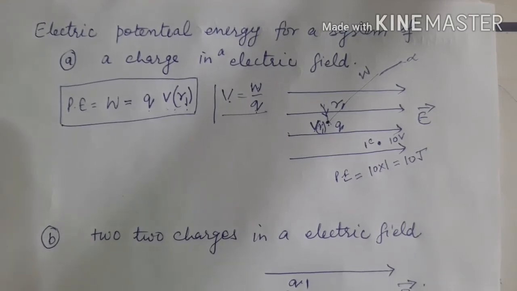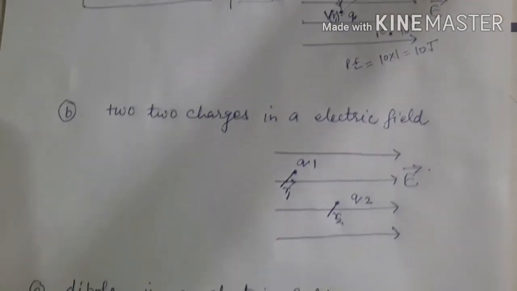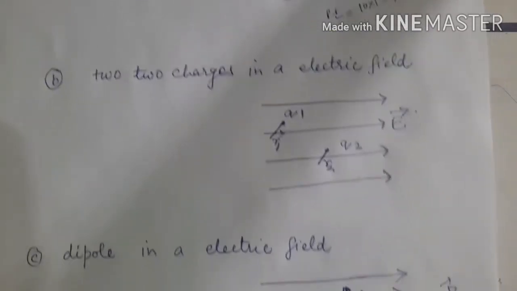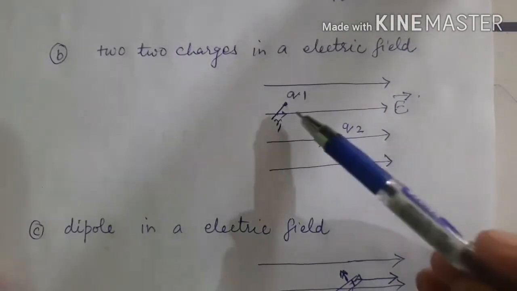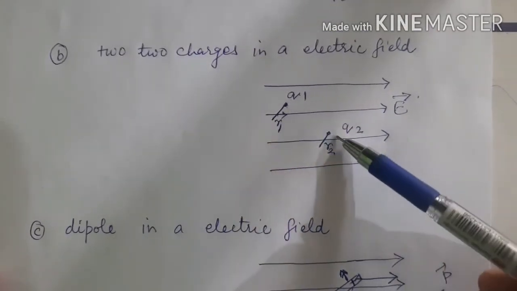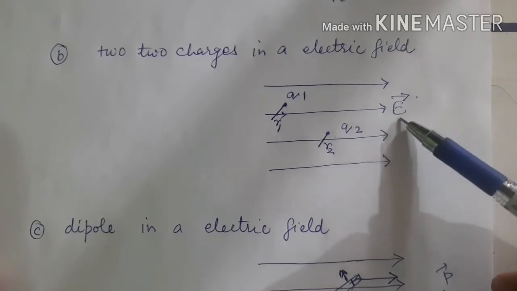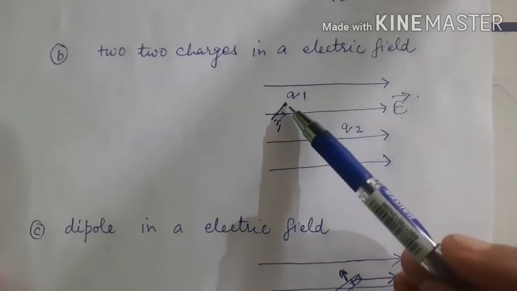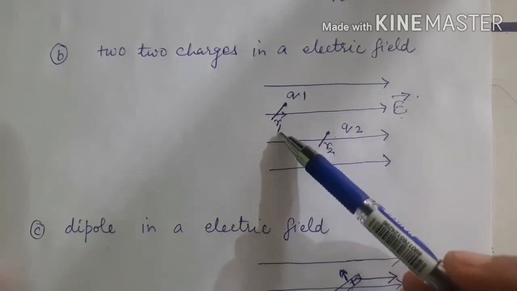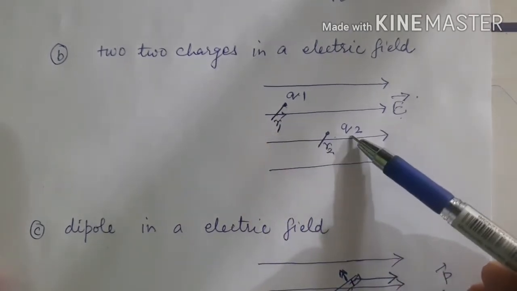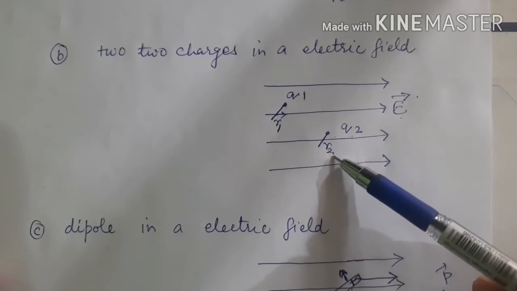Now what happens when two charges are placed? Let us see this next case. Now see here, we have placed two charges Q1, Q2 in a uniform electric field E. Let the position of the Q1 charge be R1 and the position of the Q2 charge be R2.